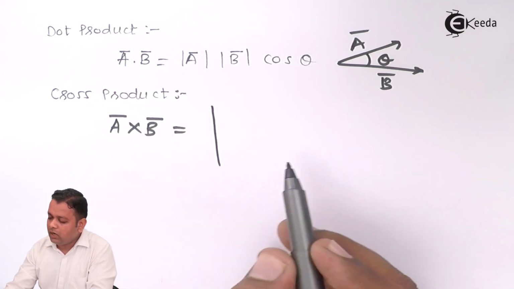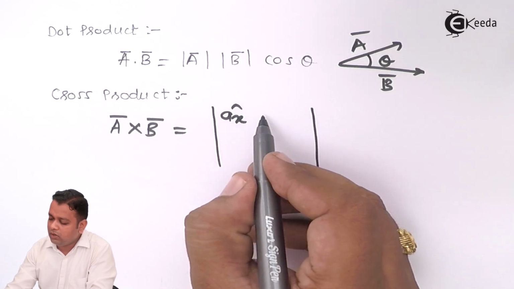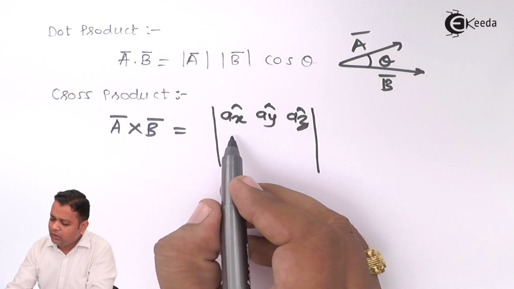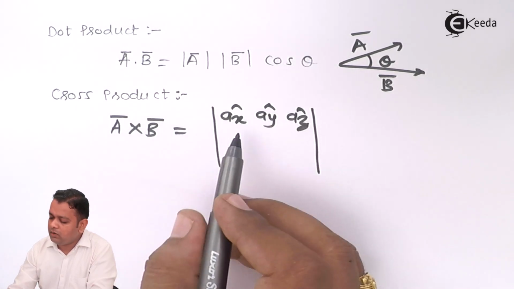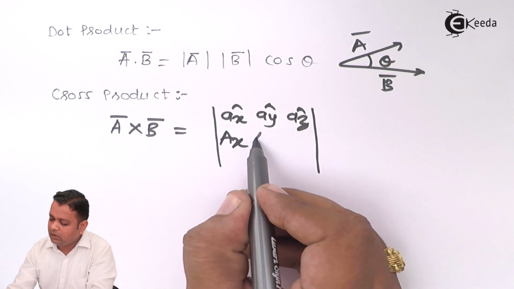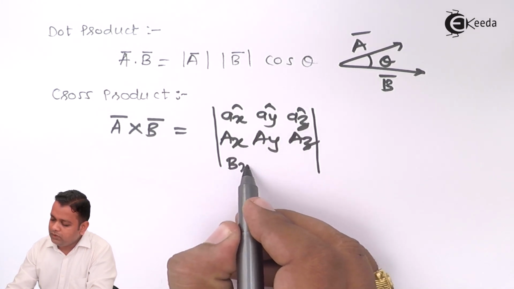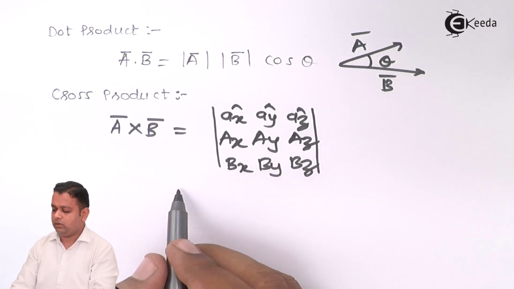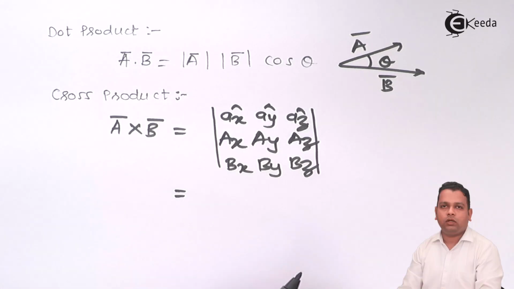Generally it is calculated by using the determinant, the first row having the unit vectors ax cap, ay cap, az cap, and the second and third rows corresponding to the coefficients of vectors a bar and b bar. So this is capital Ax, capital Ay, capital Az, capital Bx, capital By, capital Bz. Solving this determinant will give you the cross product a bar cross b bar.